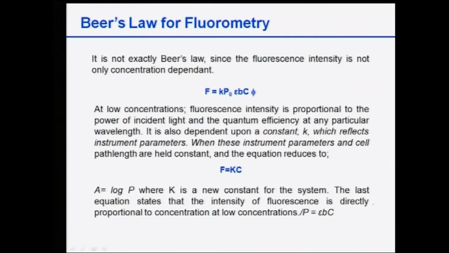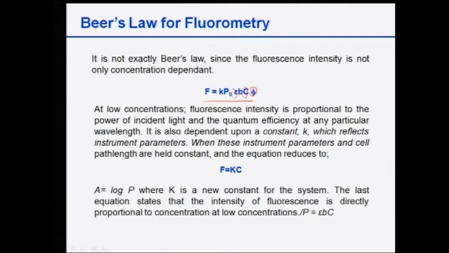Now, if we want to modify Beer's law, since it is not actually Beer's law in these cases, how will it look? Fluorescent intensity is given by K P0 epsilon B C phi, where K is another small constant which depends on the solvent type. You can clearly see that quantum efficiency is a very important factor, along with the concentration and epsilon.